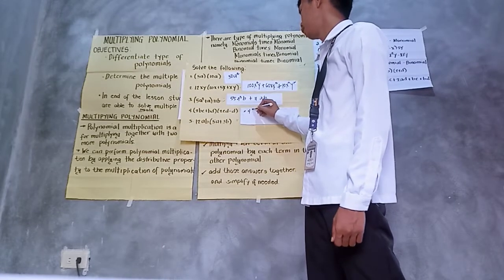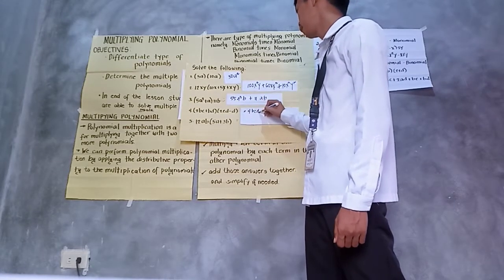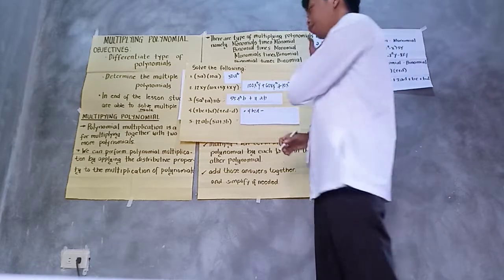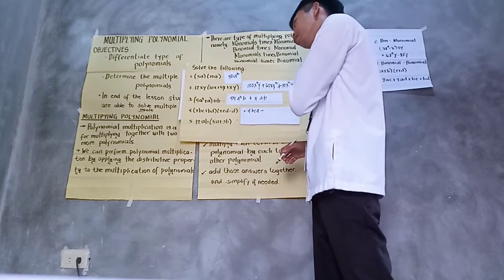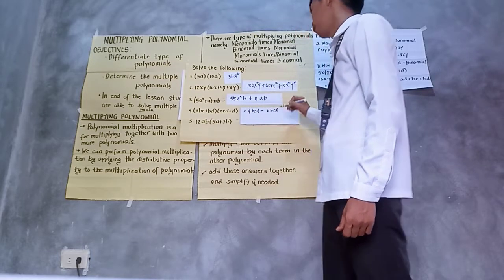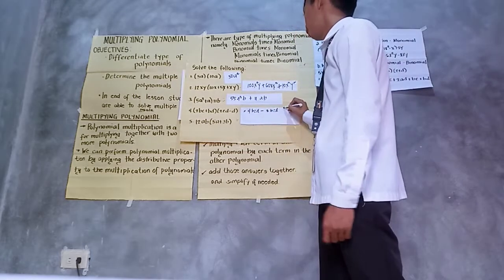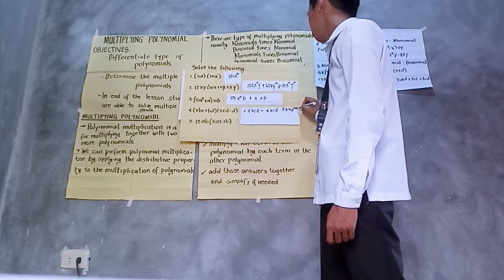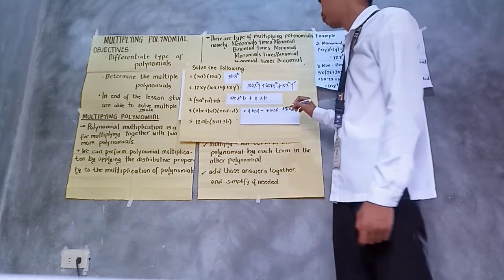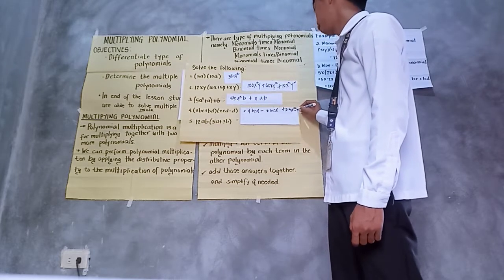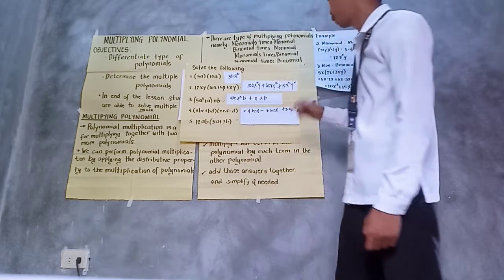For number 4, 4 bcd minus 2 bcd plus 2 bcd squared, and negative bd squared.